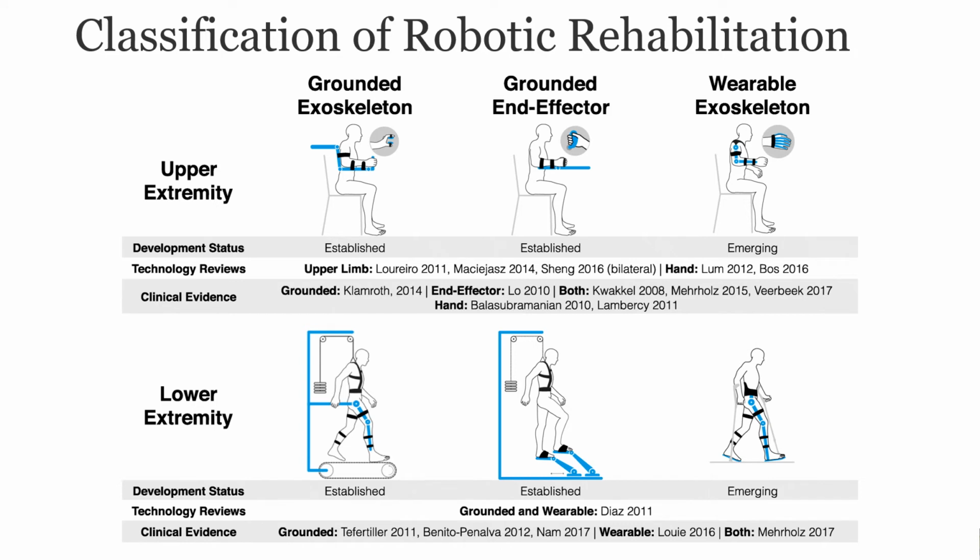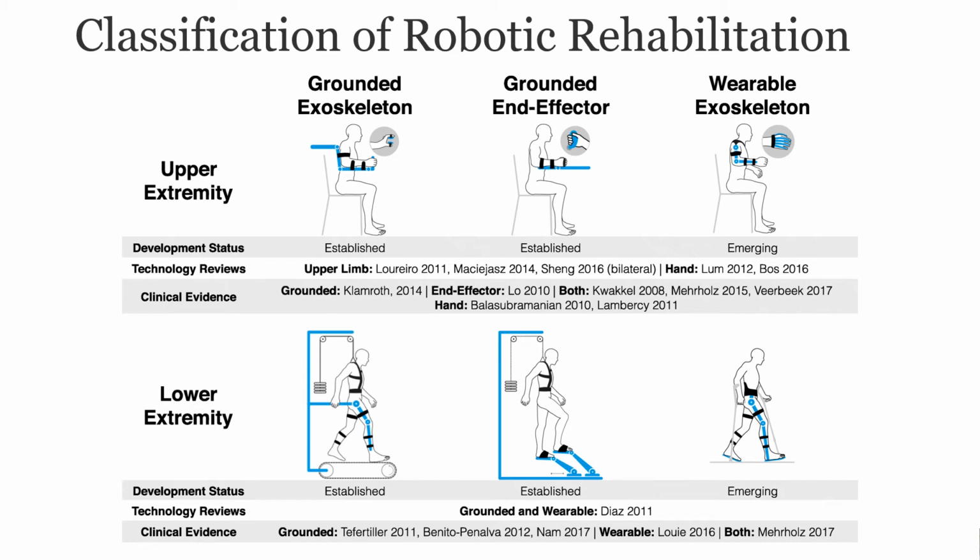Generally, robots can be classified into three types: grounded exoskeleton, grounded end effector, and wearable exoskeleton. We looked at some examples earlier, in the upper limb and in the lower limb. The grounded exoskeleton gets movements through the use of an anti-gravity device that's attached to the limb to bring about an end effect.